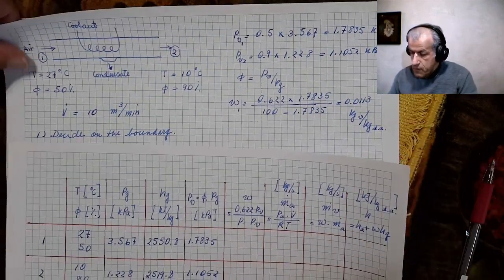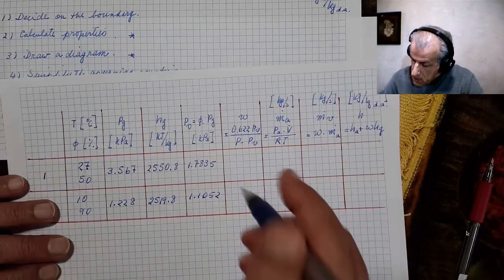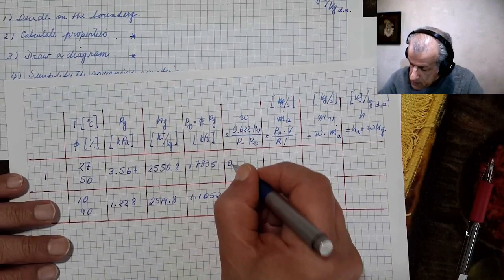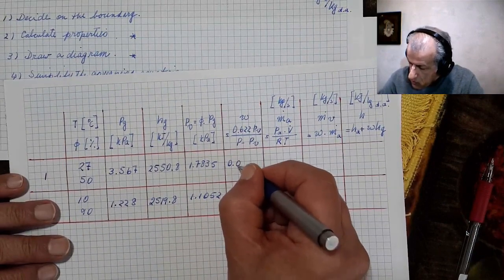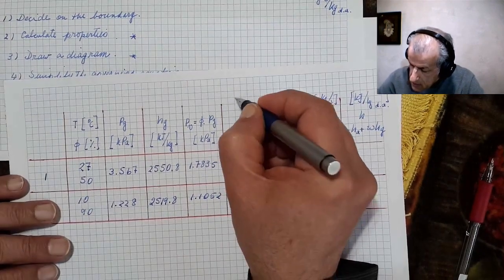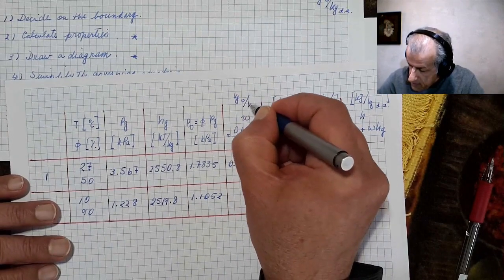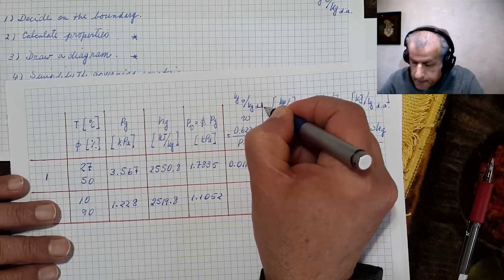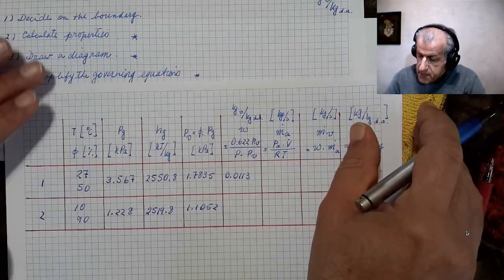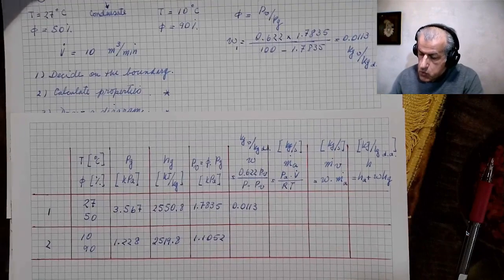So what we do here is we just write it down here, which should be 0.0113, and the unit is kilogram of vapor per every kilogram of dry air. Repeat this practice for W2.